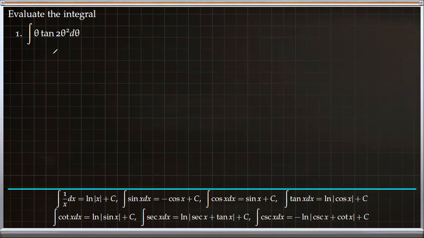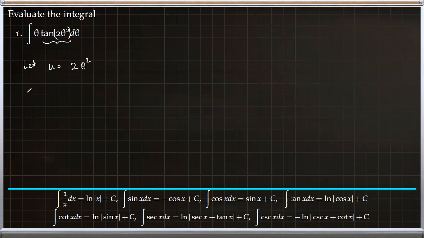Okay, the first one, we are looking at the integral of theta times tangent of 2 theta squared. If this looks confusing, I can put parentheses like that over here: tangent of (2 theta squared) with respect to theta. So we start by letting u equal 2 theta squared, which is the inside part of this composition.